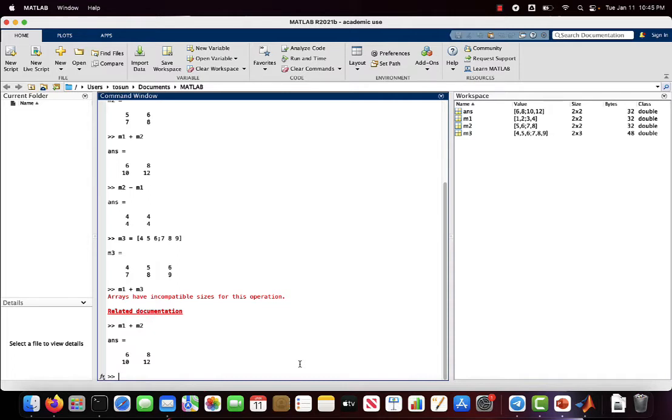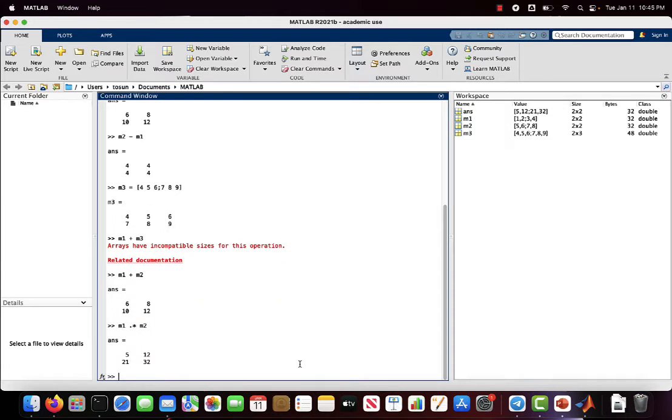And for the element-wise multiplication of two matrices, we can use M1 dot star, asterisk, M2.